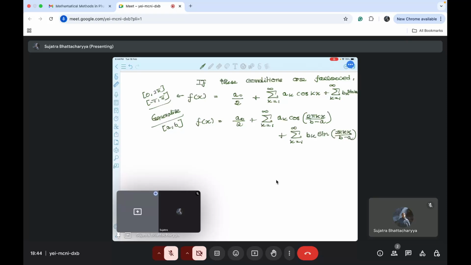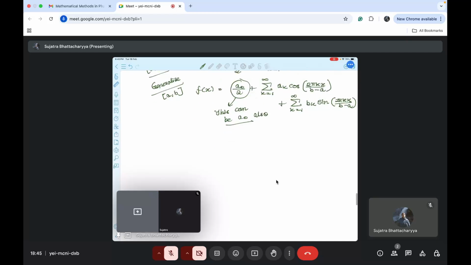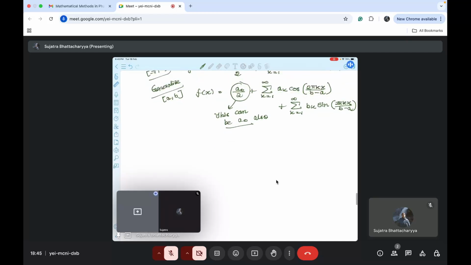Where this part, a naught by 2, you can write a naught also, but there is a reason why we generally write a naught by 2. I will show that while we compute a naught, ak and bk. Then we will understand why we write a naught by 2 intentionally.